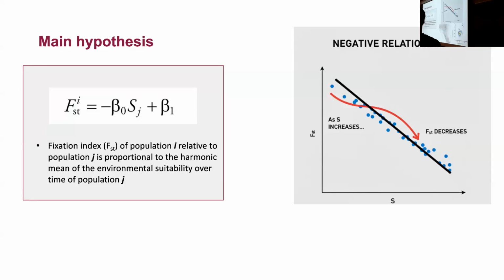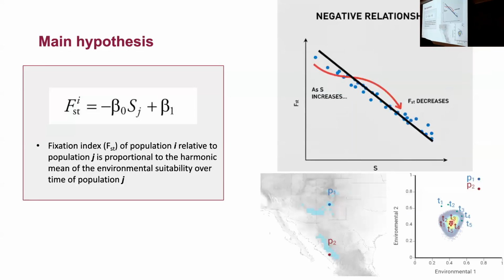With that in mind, suppose, for example, you have two populations here. One of these, this red one, is inside what we consider in this case the niche all the time. So it remains stable along these 120,000 years. And you can imagine that the fixation index, if you measure these two populations, will be lower here if you compare with the other populations.